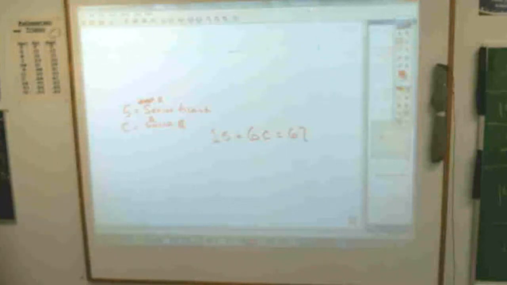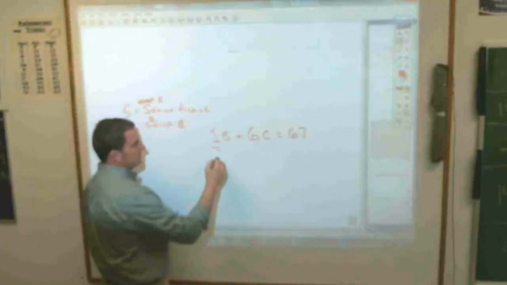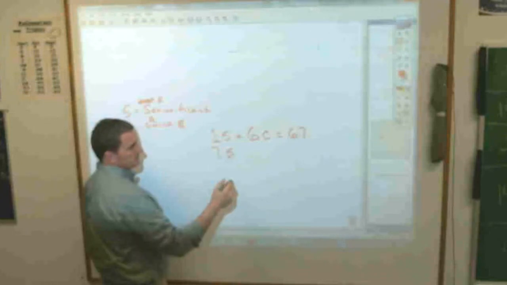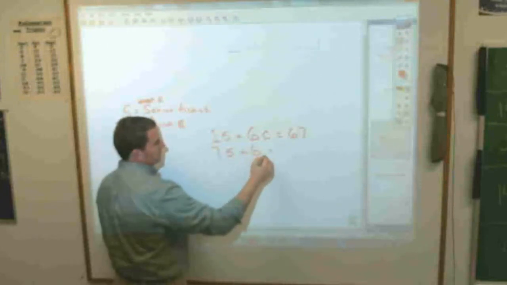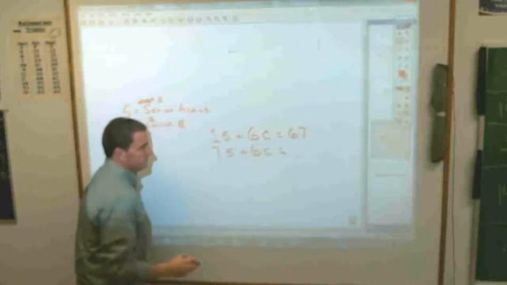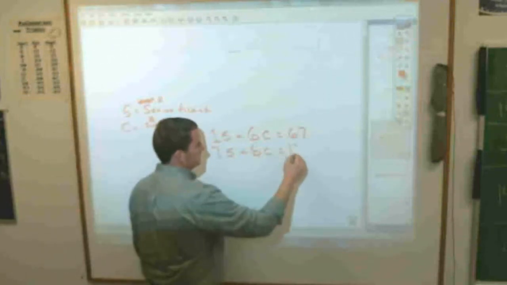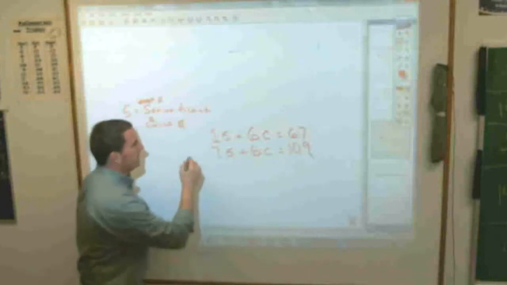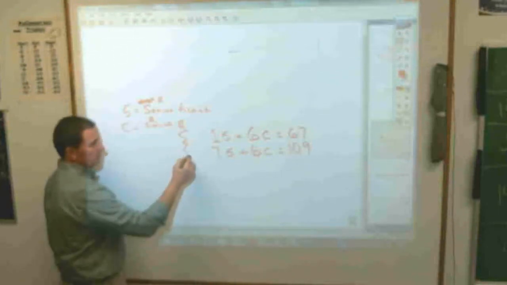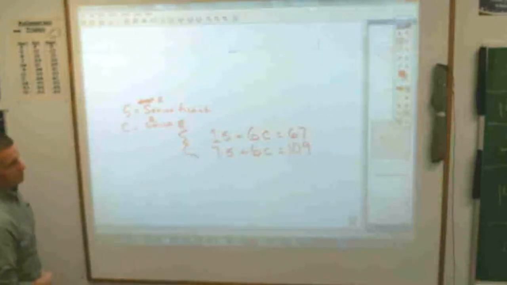Equation number 1. Equation number 2 said that 7 senior citizen and 6 children tickets cost me how much? $109. So here is my system of equations.